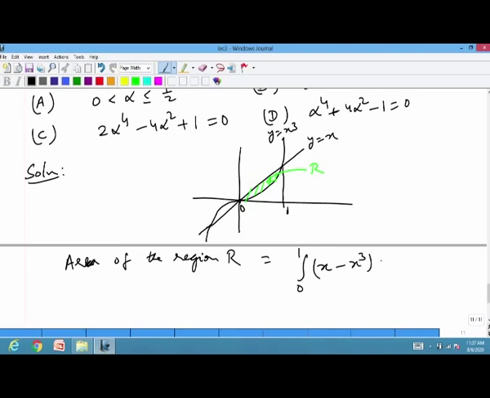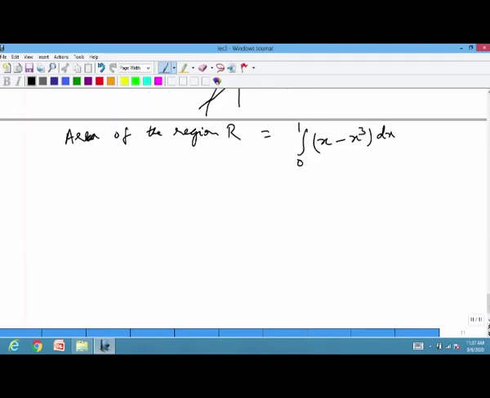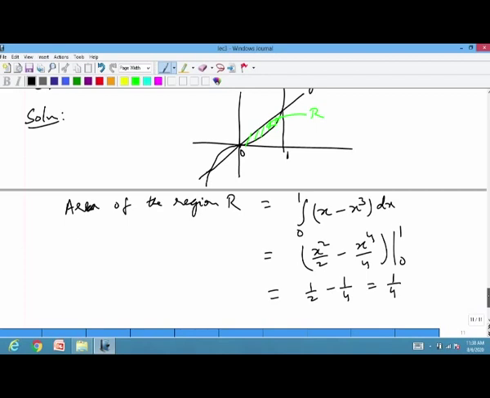So, x minus x cube dx, which is equal to x square by 2 minus x to the 4 by 4 between 0 and 1, which is equal to 1 by 2 minus 1 by 4. So, this is equal to 1 by 4. So, that is the total area of this region R.